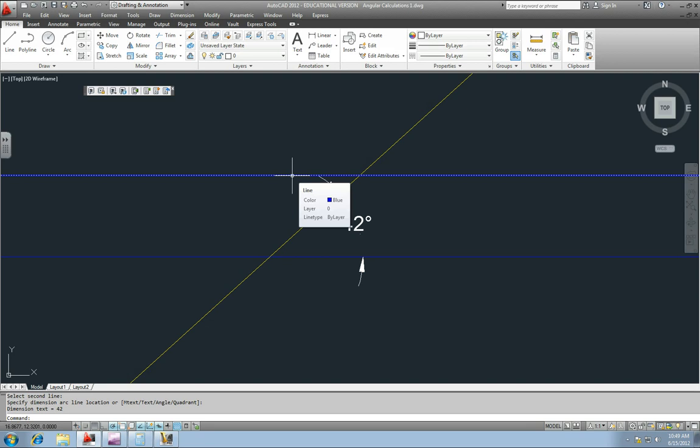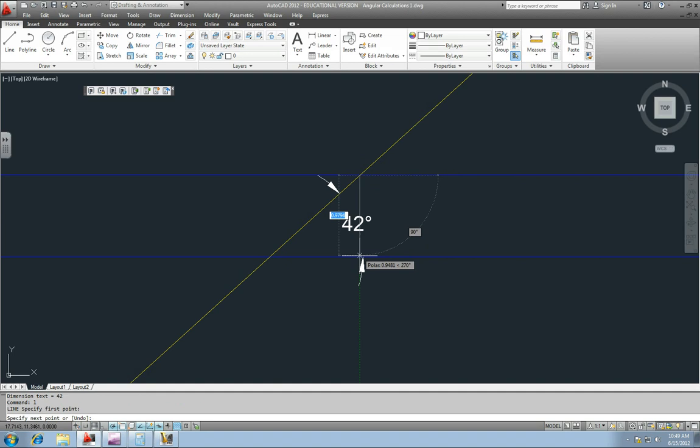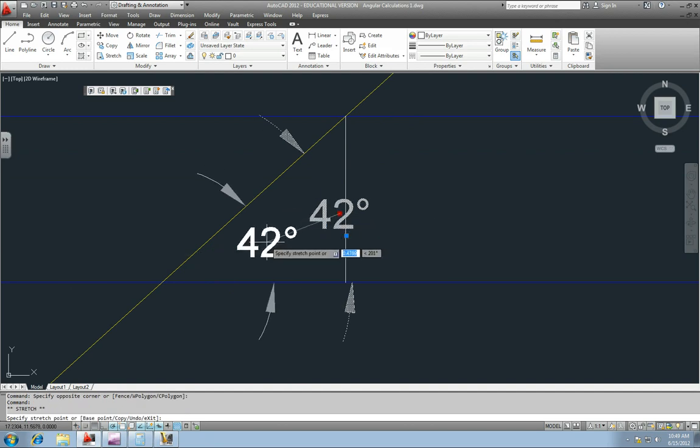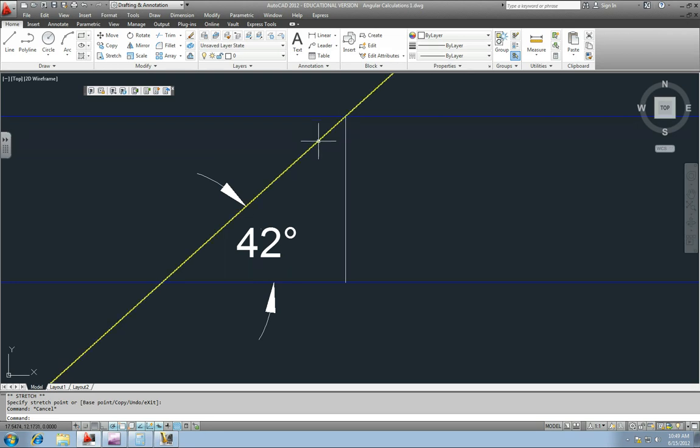I also know that if I were to draw a line from the intersection point straight down, perpendicular across the parallel lines, and the angle down at the bottom here is 42, and this one's 90 because I just drew a perpendicular line, then this angle is 180 minus 90 minus 42.